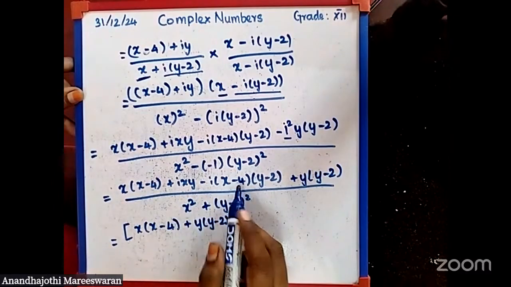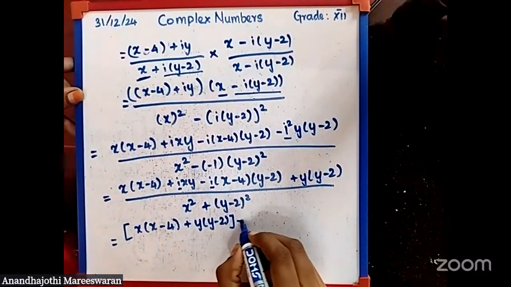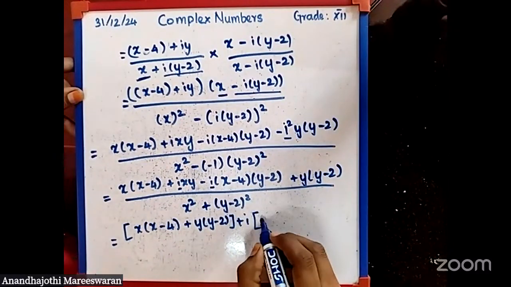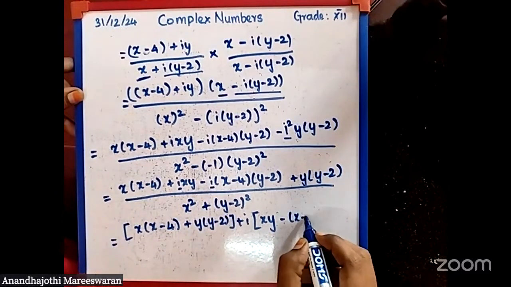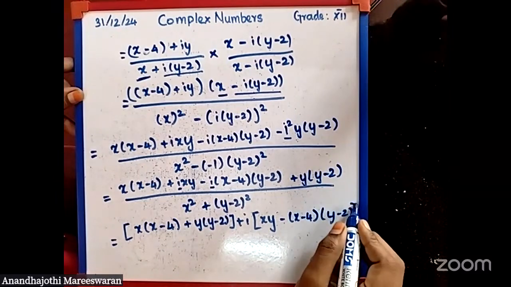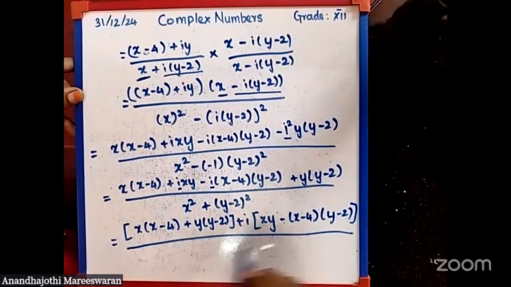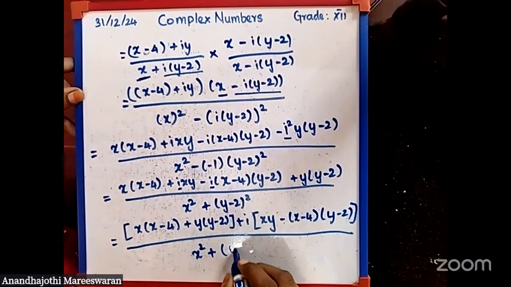These two, right? I'm going to take this i as common. So plus i multiplied by xy minus x minus 4 y minus 2, right? So the denominator will remain the same. x squared plus y minus 2 the whole square, right?